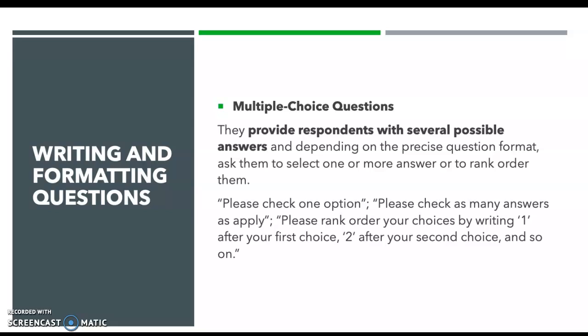And then you can also ask them to please rank order their choices by writing 1 after your first choice, 2 after your second choice, and so on. You can ask, for instance, how they view the frequency of them watching movies or TV series using these online streaming platforms.